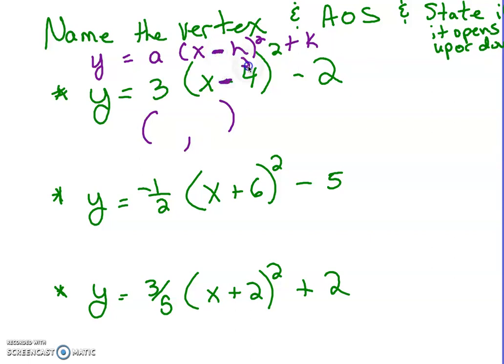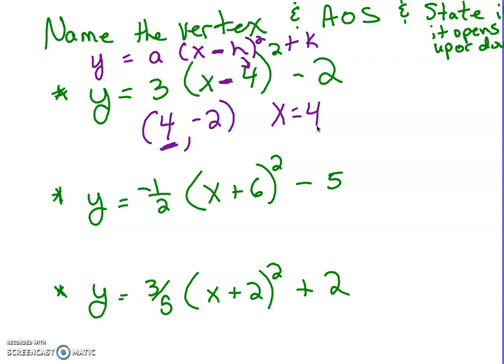So h right here is actually positive 4, and then k right here is negative 2. So the vertex is (4, negative 2). If you want to look at it this way, it's always the opposite of the sign. But again, I'm just following the formula because it says x minus h. So h in here is actually positive 4. And of course, the axis of symmetry is x equals 4.